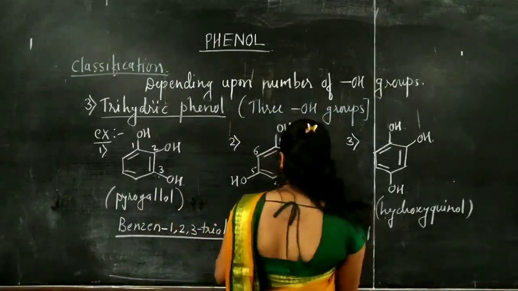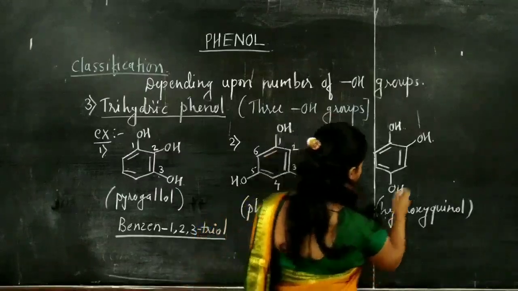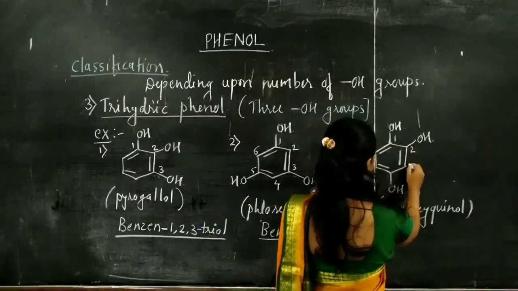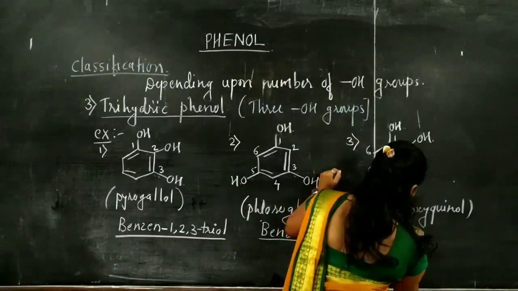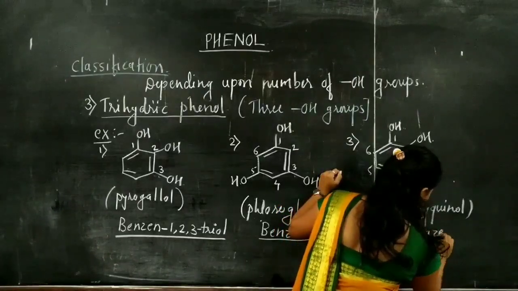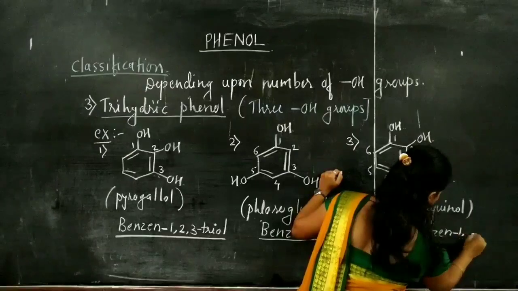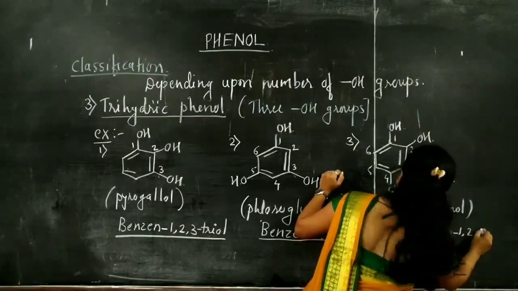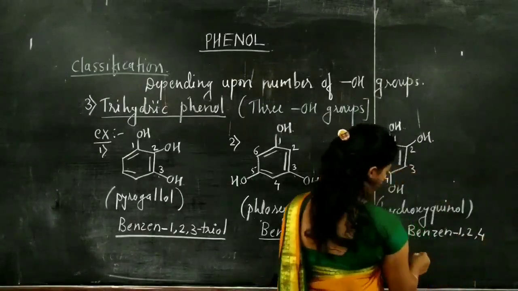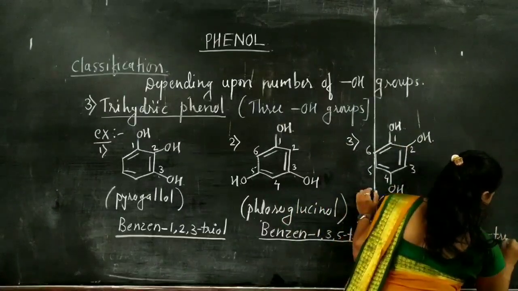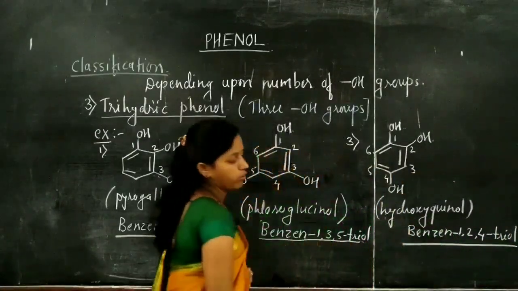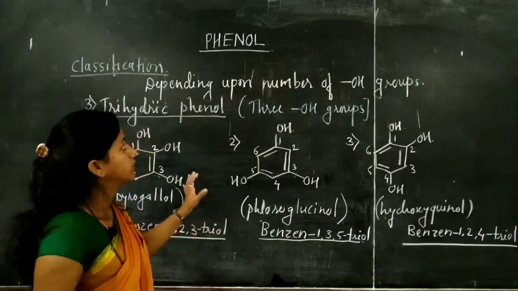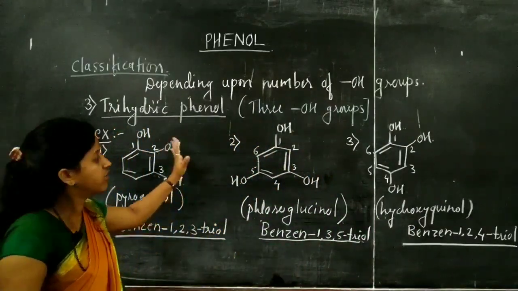Similarly, for this one, numbering 1, 2, 3, 4, 5, 6, the name is benzene 1,2,4-triol. So this is the IUPAC nomenclature of hydroxyquinol. So this completes the definition and classification of phenol.